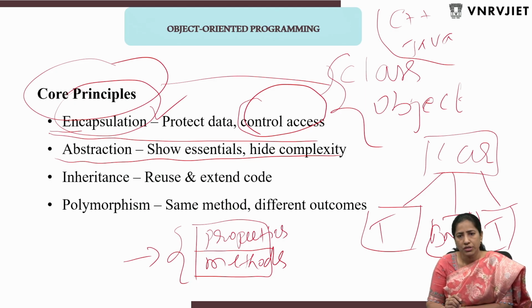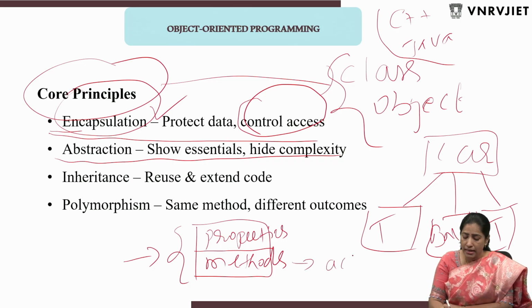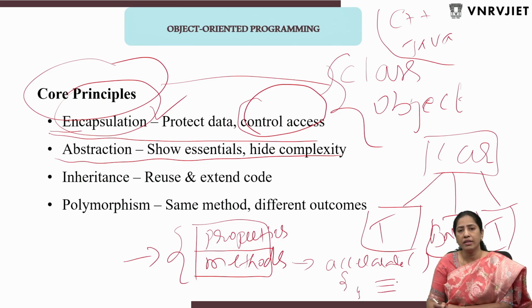What is abstraction? You mention the method name, for example, accelerate is the method name, but you are not going to define what the accelerate behavior is.